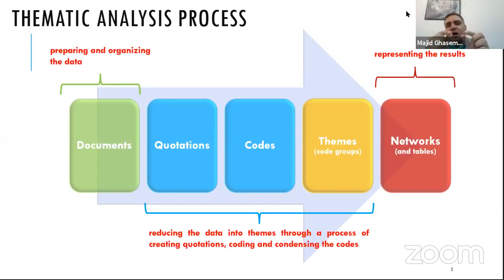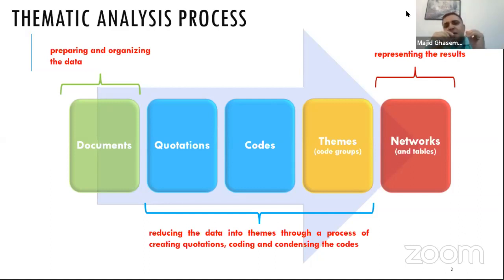That label is called code in qualitative research terms. So we need to manage these quotations, and then we have to assign some identifying labels to these quotations so that they can become more analyzable in our analysis.